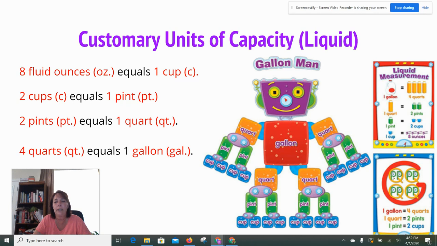Each quart has 2 pints in it, 2 P's for pints to make 1 quart. And then in those pints, there are 2 little bitty cups. I don't know if you could see them, but there are 2 little bitty cups in 1 pint. That is the customary units of capacity.